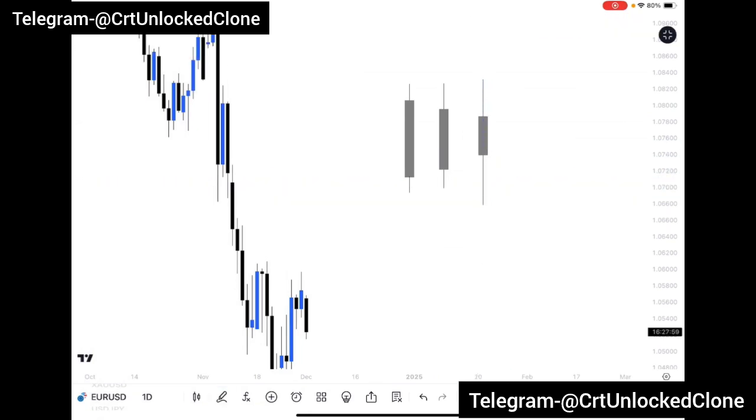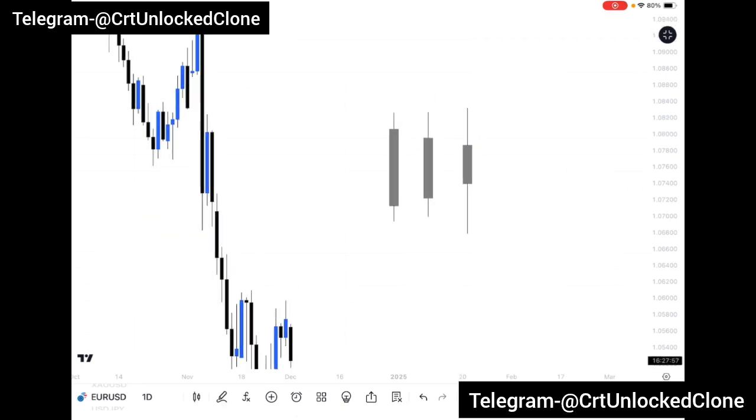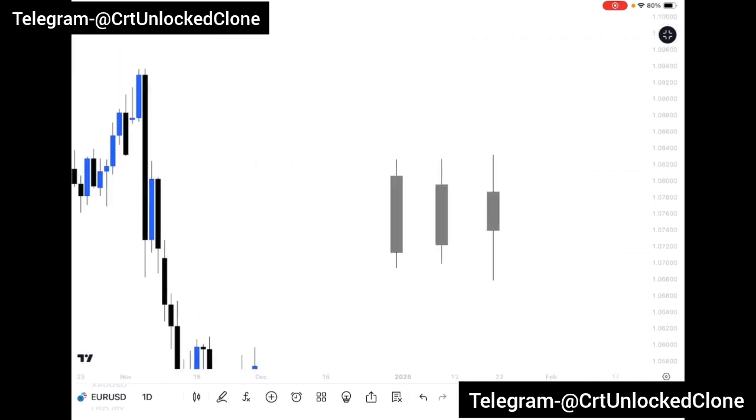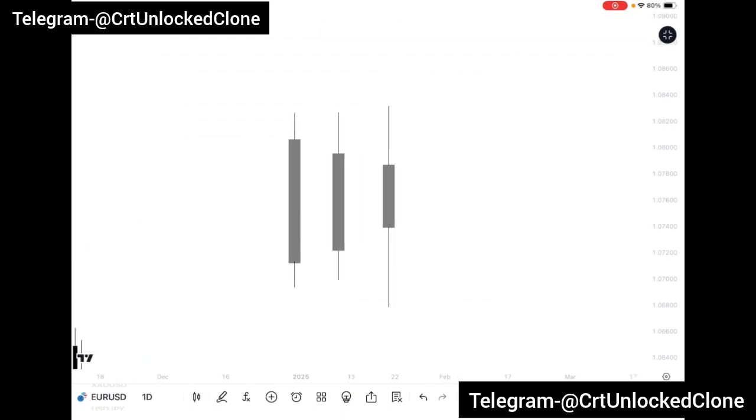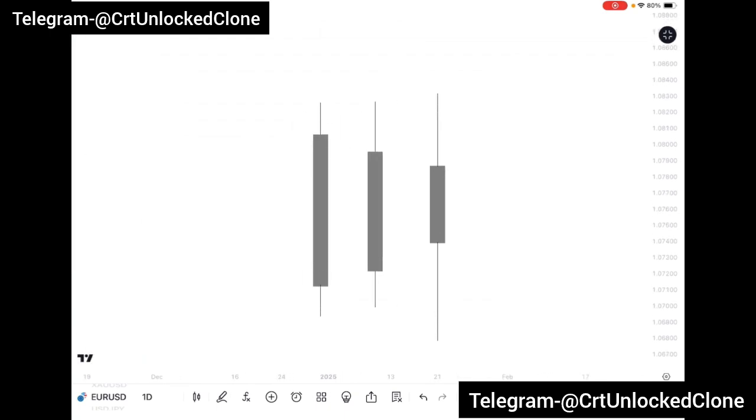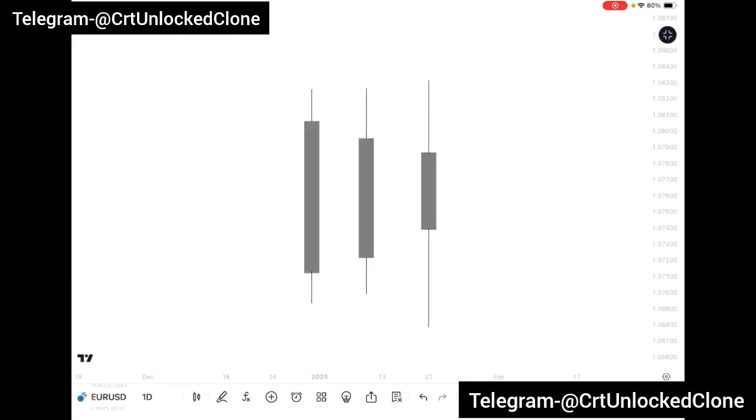Now look at these three candles which I have drawn so carefully. I will zoom in and show it. These are the three candles which I have drawn. Now in this, the first and second candles were CRT candles, and the third candle was not a CRT candle.